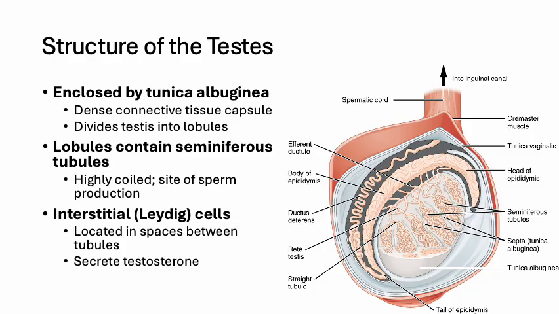In between the tubules are clusters of interstitial cells, also known as Leydig cells. These cells respond to luteinizing hormone by producing testosterone, which is the key hormone responsible for male secondary sex characteristics, libido, and continued spermatogenesis. The organization of these structures ensures both hormonal and reproductive function occur in close coordination.